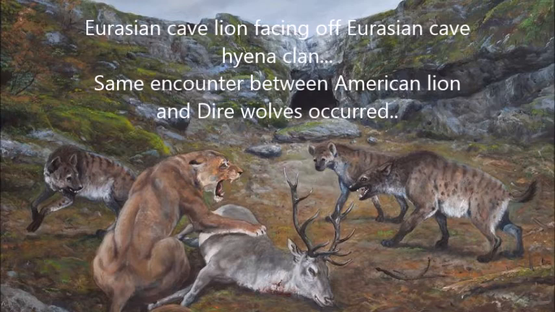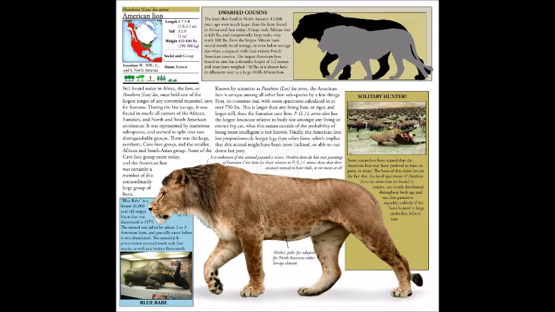So I would say that the cave lion would perhaps be similar to today's lions, because when we look at the skeletons, just this skeleton, for example, here, we see that this skeleton is representative of what? Of a cave lion indeed. Now, what is the second skeleton? This is a modern day lion.